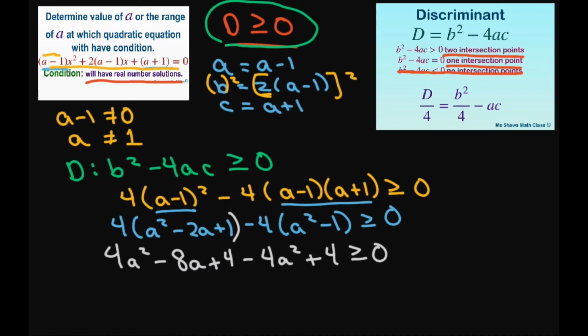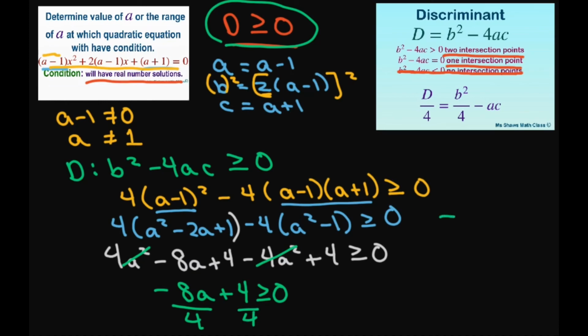Now, let's see what we get. The 4a squared terms cancel out. All right, and so we have negative 8a plus 8 has to be greater than or equal to 0. That means I can divide everything by 4.